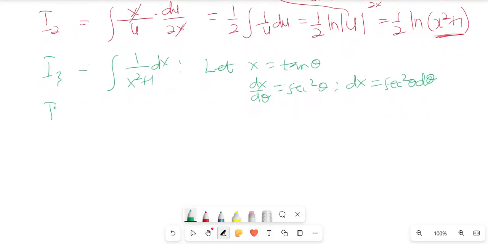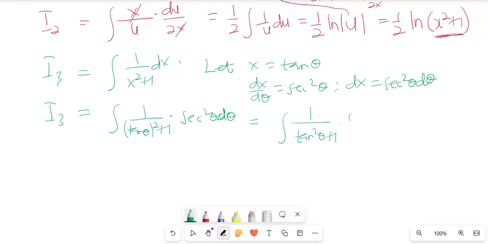So we can move everything from the x world into the theta world. The integral of 1 over x squared, x is tan theta, squared plus 1, and dx is secant squared theta d theta. That is equal to the integral of 1 over tan squared theta plus 1 times secant squared theta d theta.